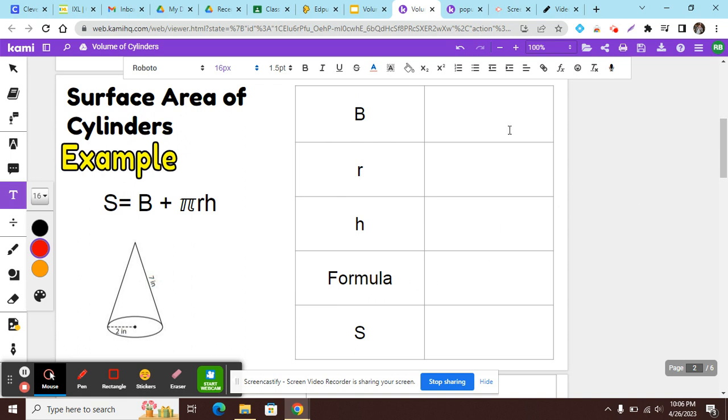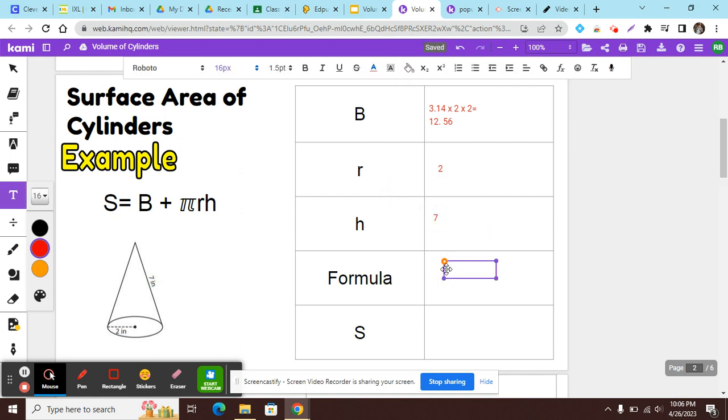We're finding the area of our base first, using the same formula again: 3.14 times 2 times 2. When we put that together, we get 12.56. That's the area of our base. Our radius is just 2, and our slant height in this one is 7.